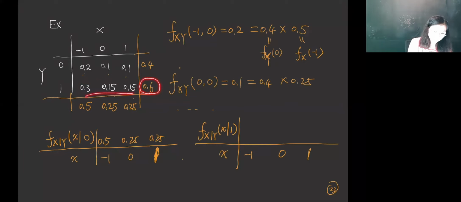Divide everything by 0.6. For the value -1, we again get 0.5. For 0, we get 0.15 divided by 0.6, that's 0.25. Same thing for the value that x equals 1.